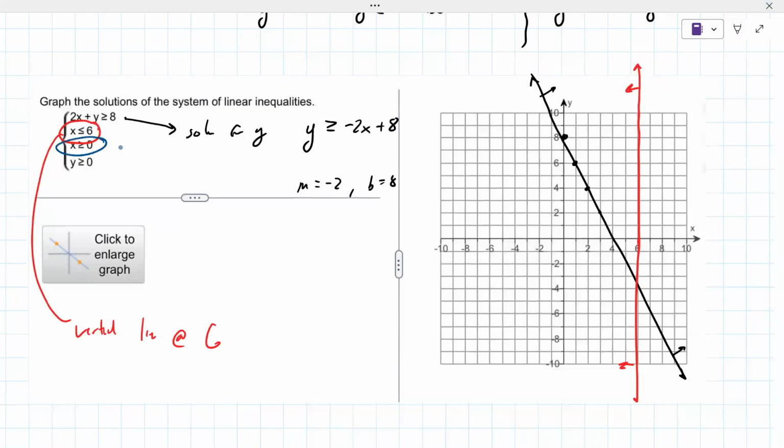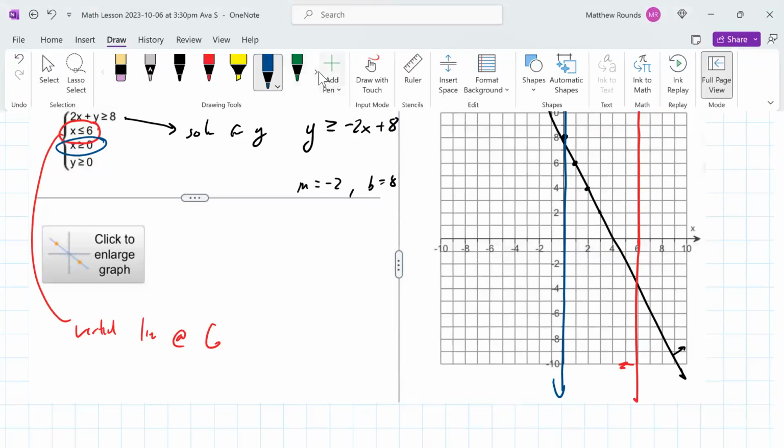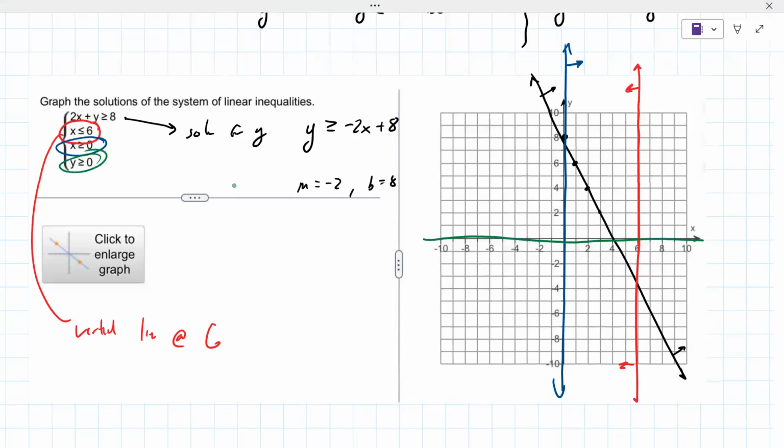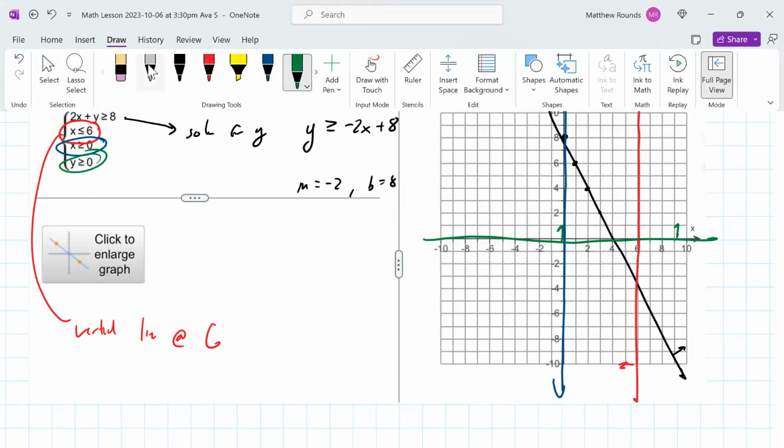X greater than 0, that's at 0 here. You have to draw that line in, and it's to the right of it. And then y greater than 0, I'm running out of colors here. I guess we can go green. That's here, and then you're shading above it. Let's see if I can do it in gray here.